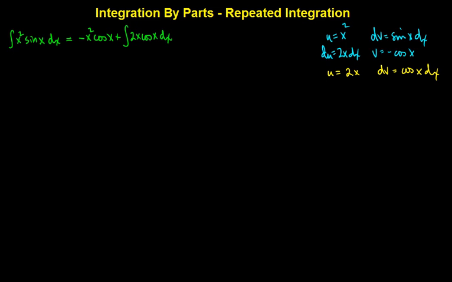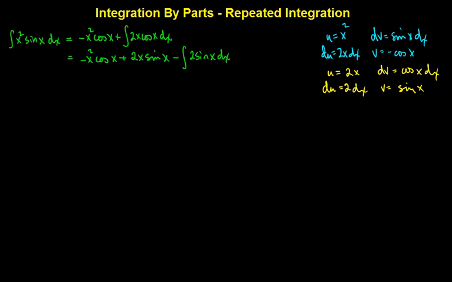Alright, so we're going to differentiate u to get 2 dx and integrate dv to get sine x. So once again we put it together and we still have negative x squared cosine x plus uv, which is 2x sine x, minus the integral of v du, and that'll be 2 sine x dx.